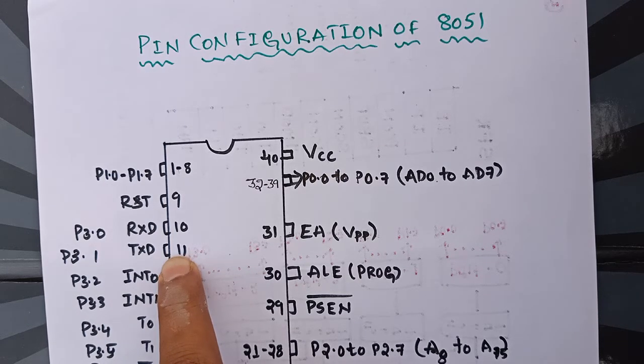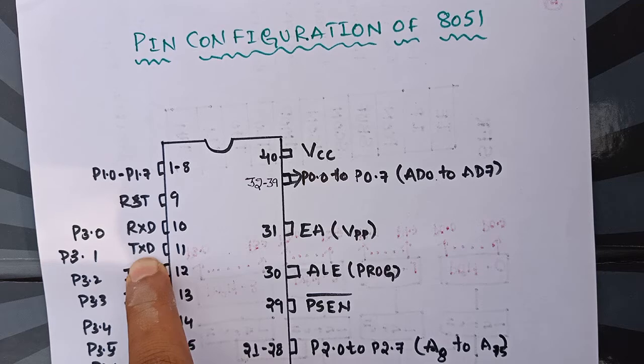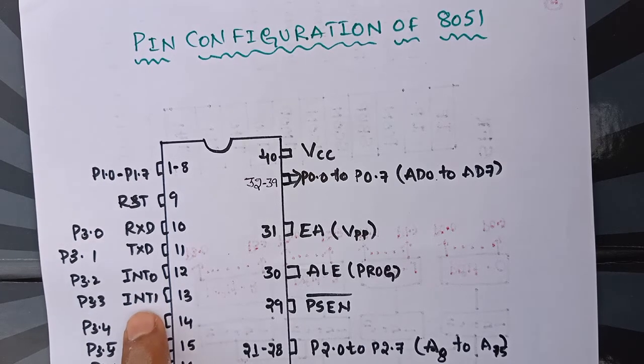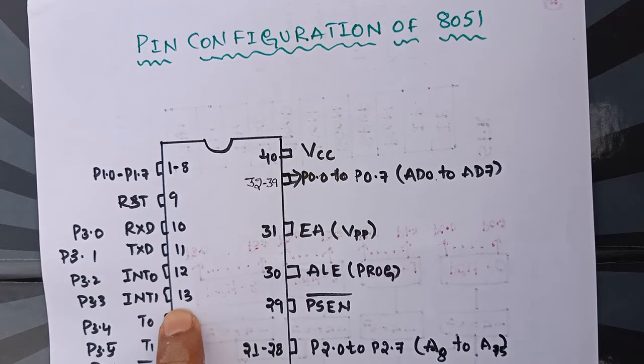RxD is for receiving information into the 8051 and the TxD pin is used to transfer serial information from the 8051 to an external peripheral device. P3.2 and P3.3 are interrupt sources. The two interrupts are INT0 and INT1, which can be accessed through pins 12 and 13.